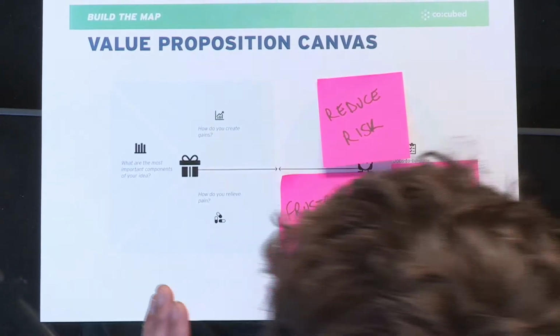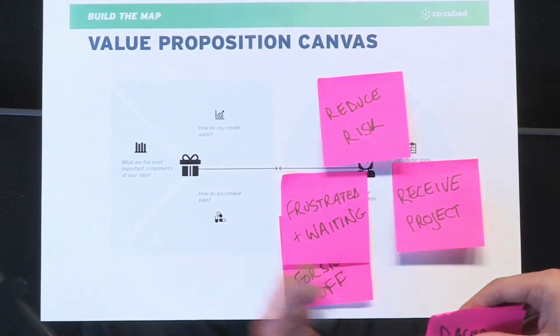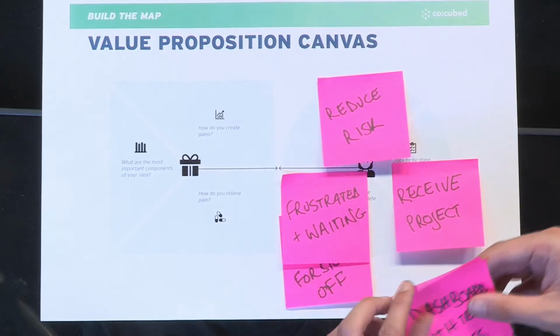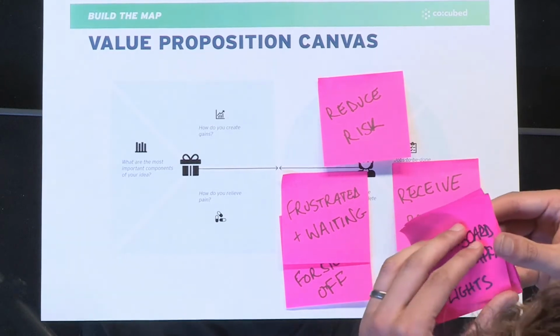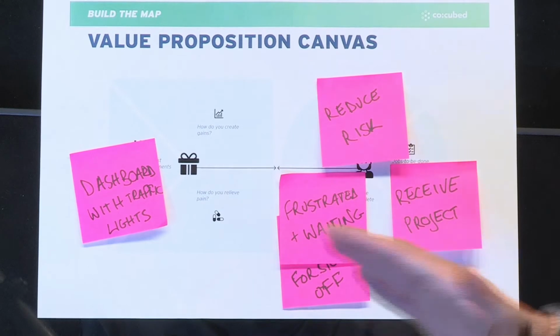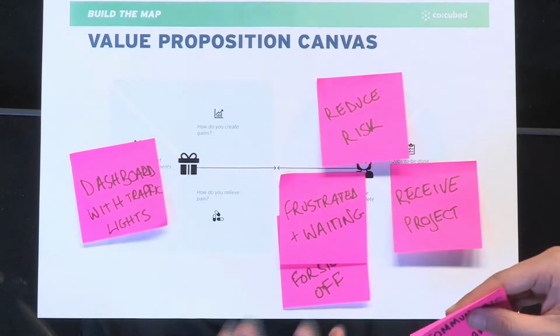Yep, we'll move to the left side now. And I go to what are the most important components of your idea? Now, in the earlier practical activity, we optimized my solution. Yep, we did. And we landed on, boom, the dashboard. So that's my important component. It's got the traffic lights. Excellent. That's going to really bring it home for my client, but I guess it could be used for others as well.